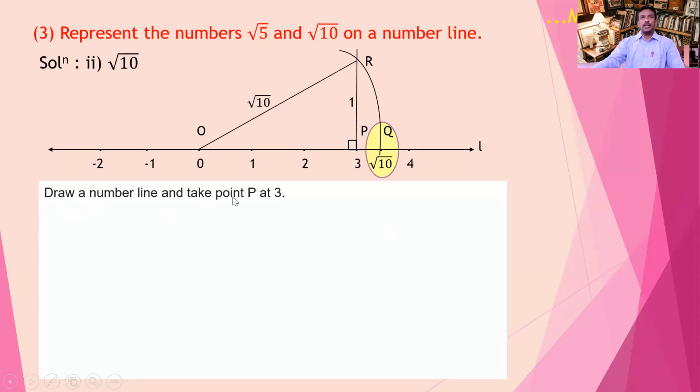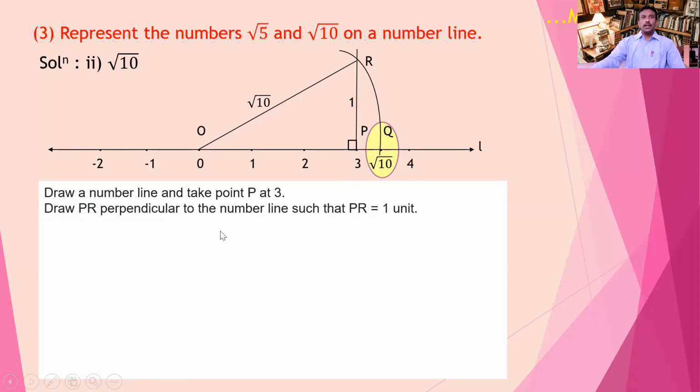Draw a number line and take point P at 3, because square of 3 is 9, square of 4 is 16, and root 10 is in between 3 and 4. This irrational number belongs in between 3 and 4.